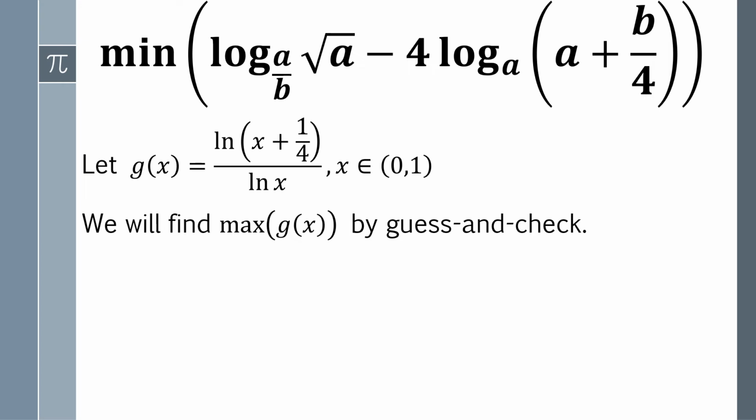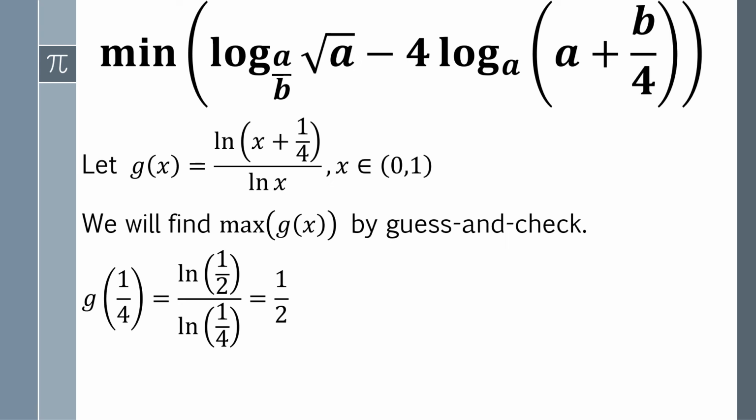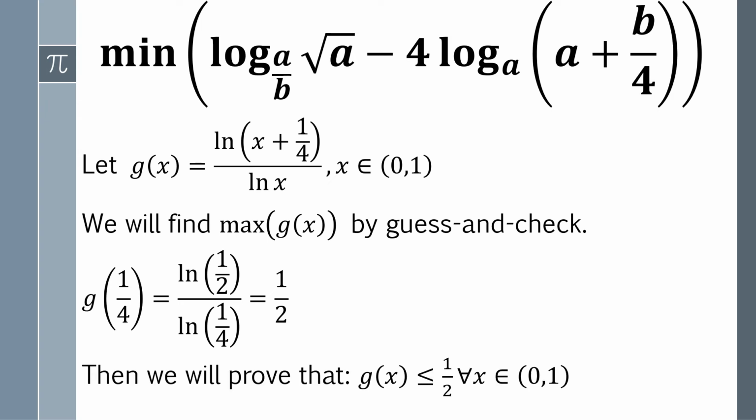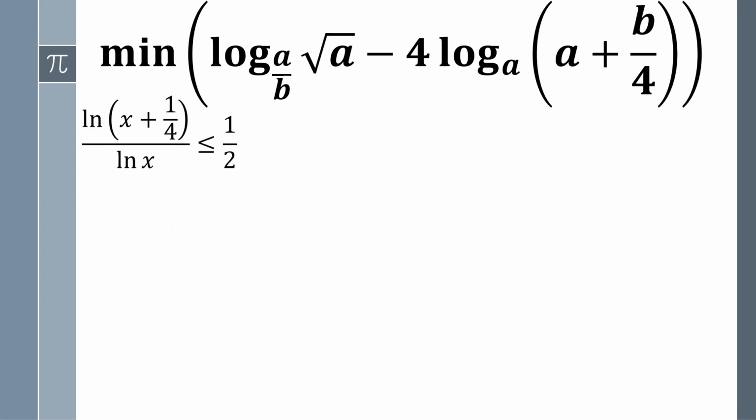My guess is the maximum value is achieved when x equals 1 over 4, and the value is 1 over 2. The next step is to prove that for any x belonging to 0 and 1, g(x) is no more than 1 over 2. This is the inequality we need to prove. Both sides of the inequality can be multiplied by 2 times log x.